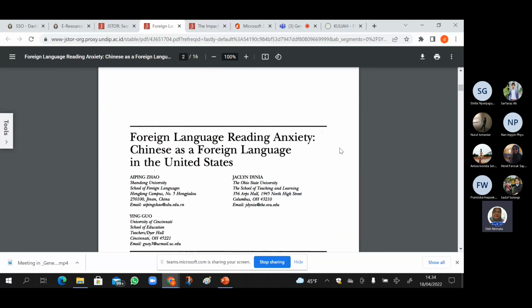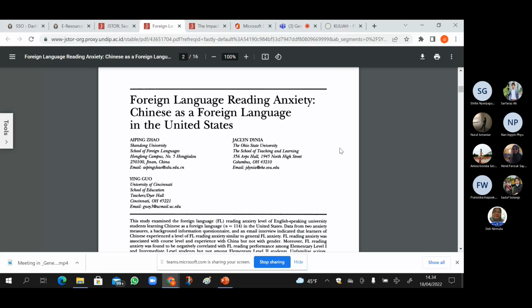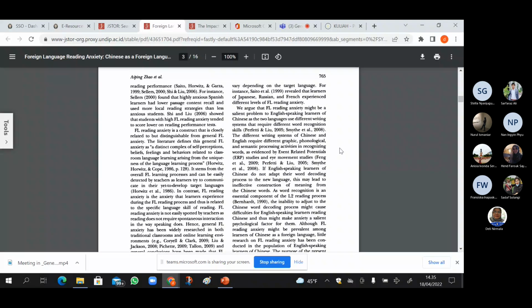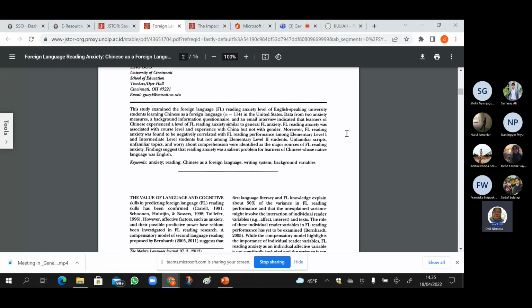Yeah, reputable journals always have comprehensive studies. Oh, it is to examine foreign language reading anxiety level.